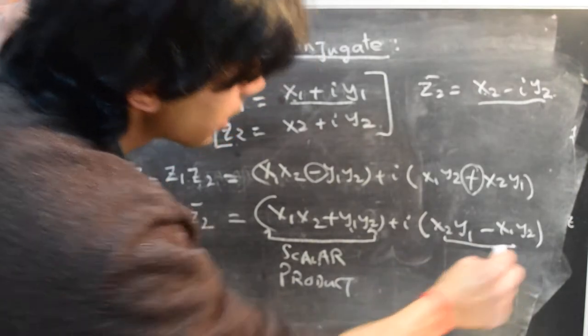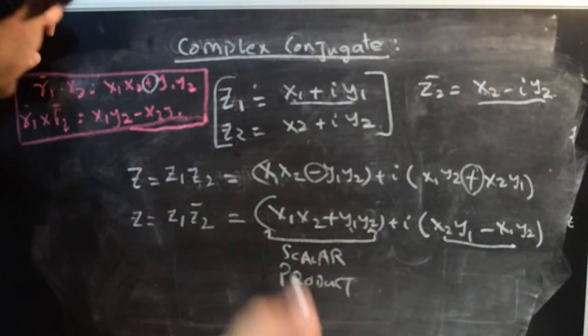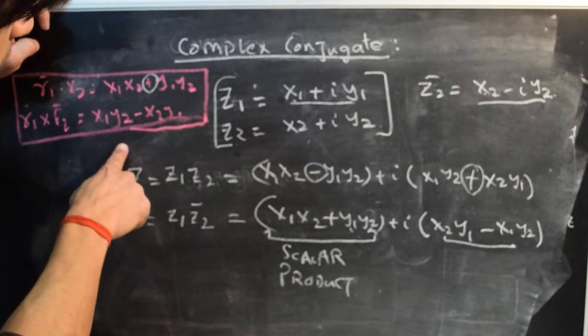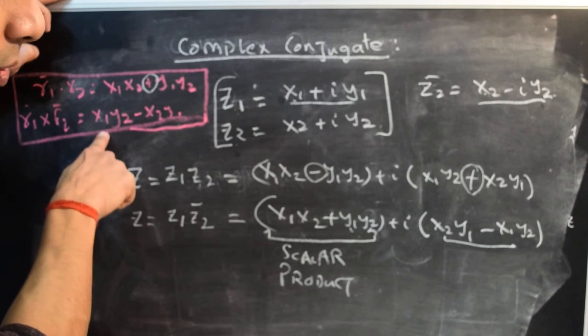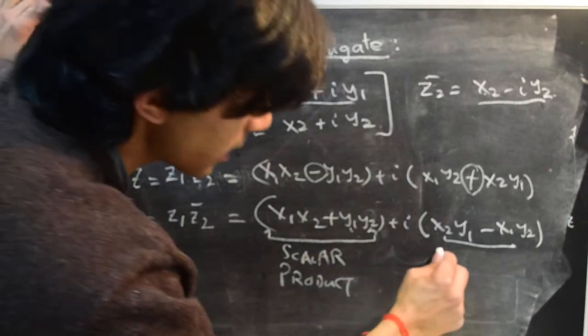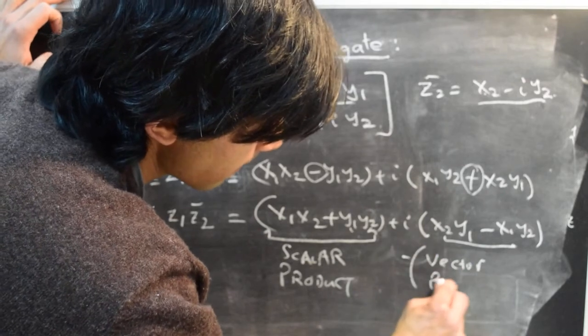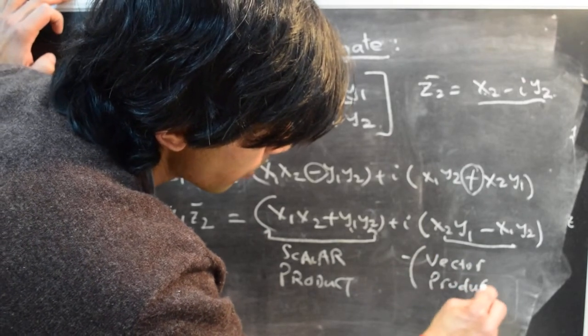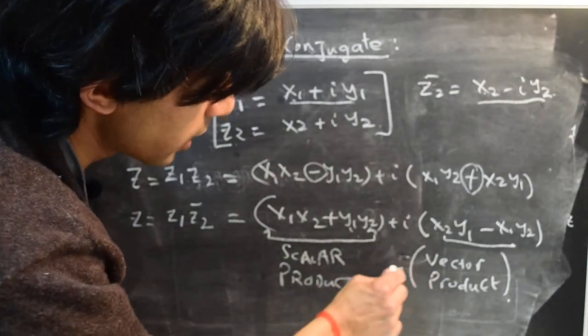And this term, x2, y1 minus x1, y2, is actually minus the vector product of these two quantities, x1, y2 minus x2, y1. Minus the vector product.